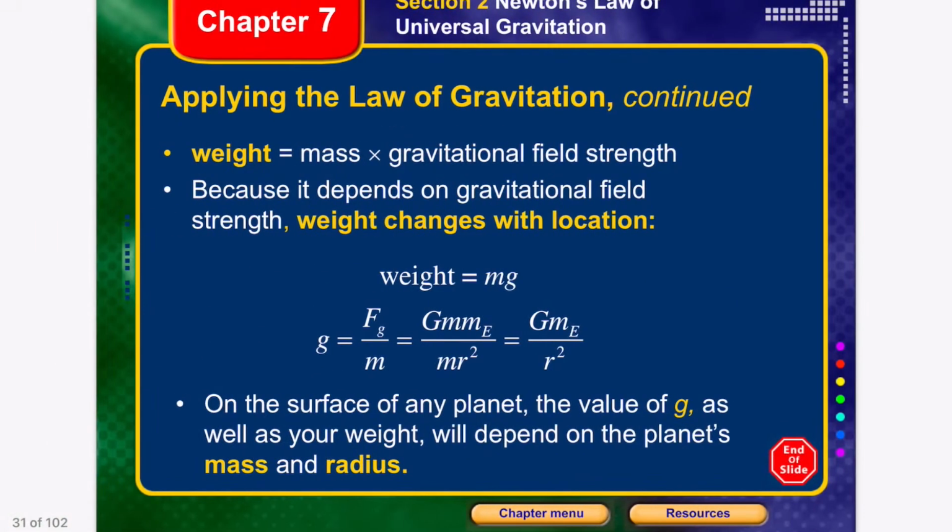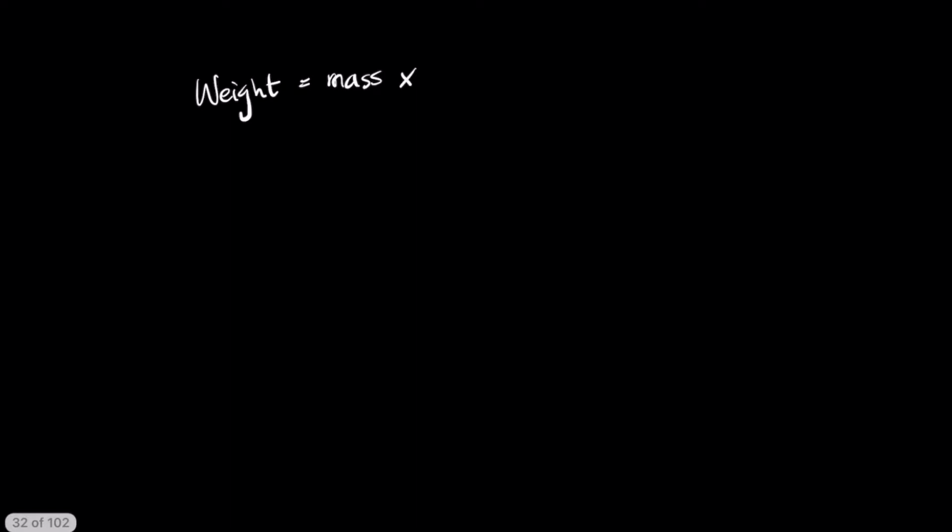Now, we know that weight is mass times gravitational field strength, which is basically Fg equals mg. Now g can be written as Fg over m.